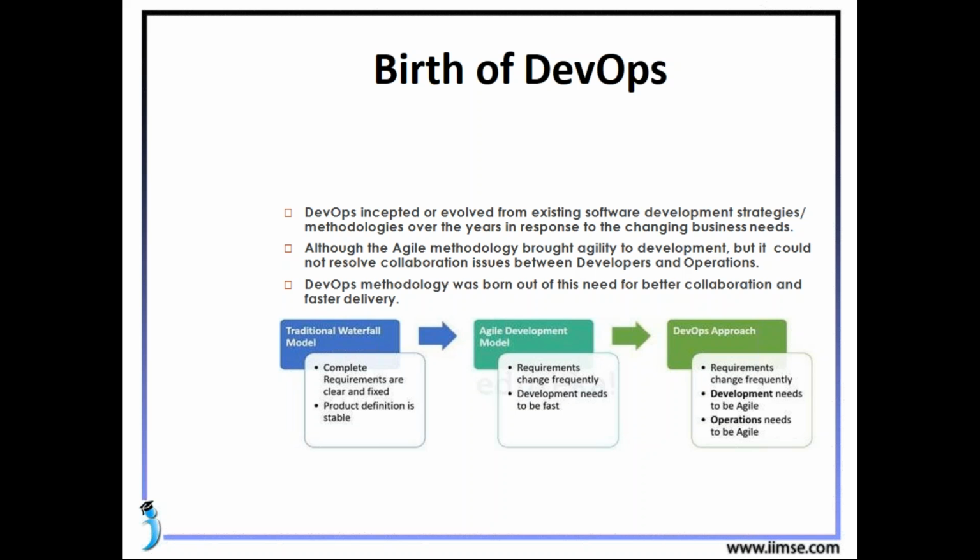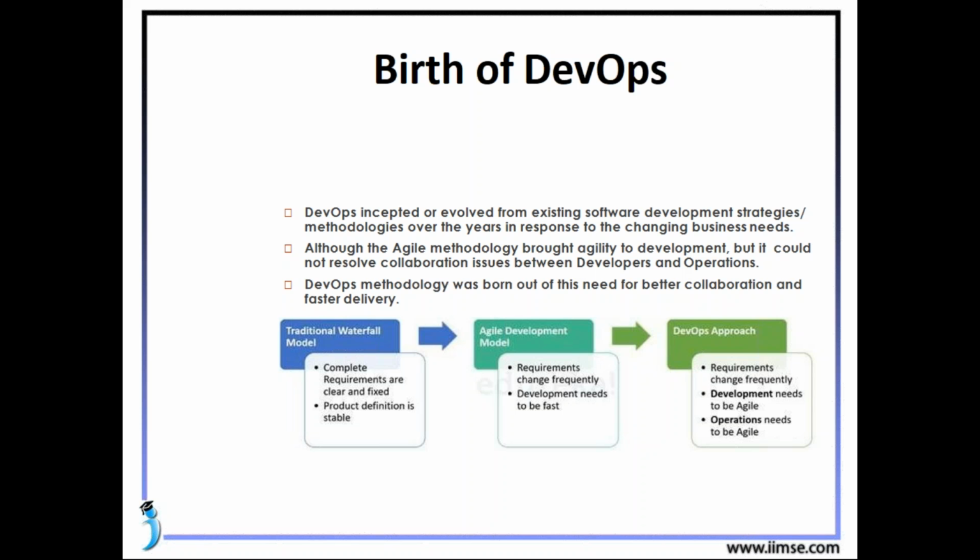So ITIL, ITSM and all came to the rescue and to support this, but again there were certain issues which led the DevOps approach to come into the picture, where it helped with requirements changing frequently.